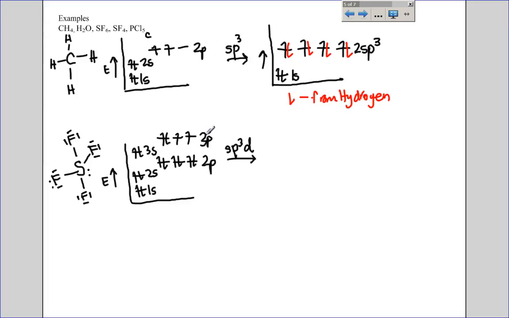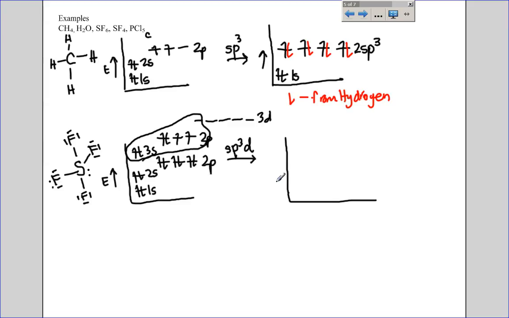Now, although they're not shown in this diagram at first, the d orbitals do exist. They're empty. Orbitals are just areas of space, so there's no reason for them to not exist within any particular atom. So we're going to hybridize these 5 orbitals.